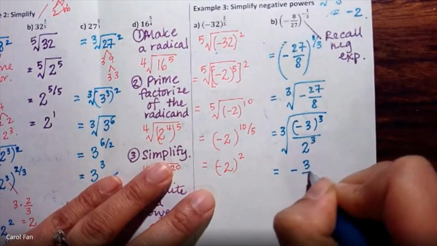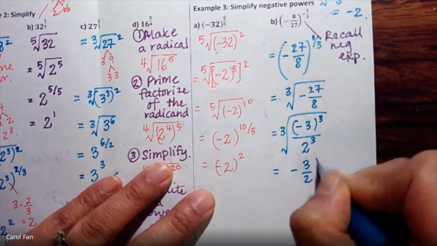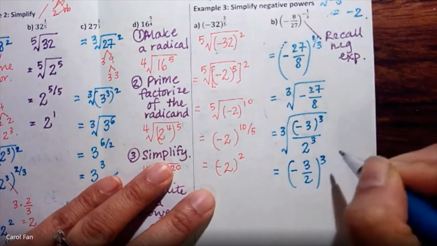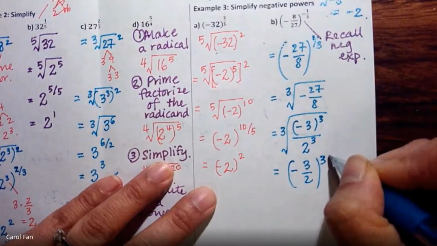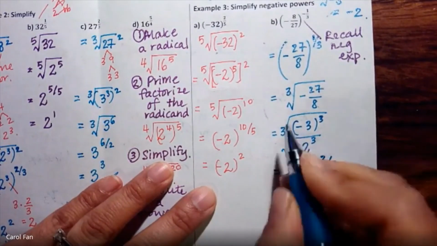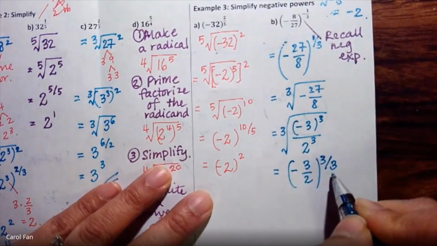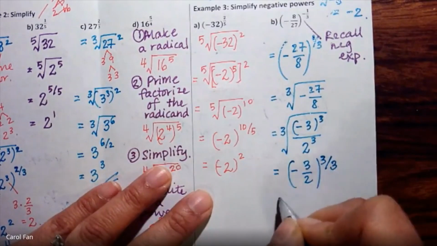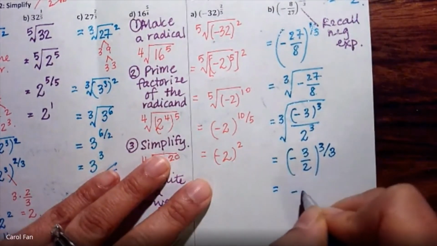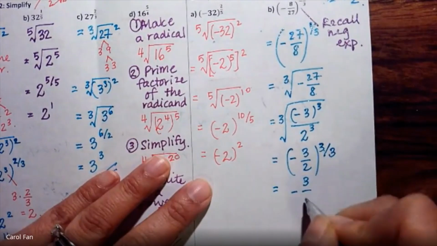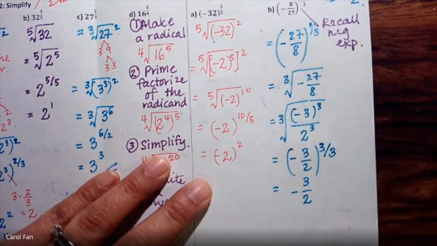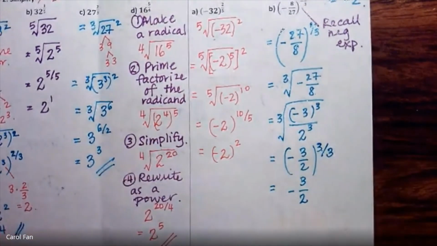So I have negative 3 over 2. This is all to the power of 3. And my index becomes the denominator of my power. So this simplifies to 1. And my final answer is negative 3 over 2.